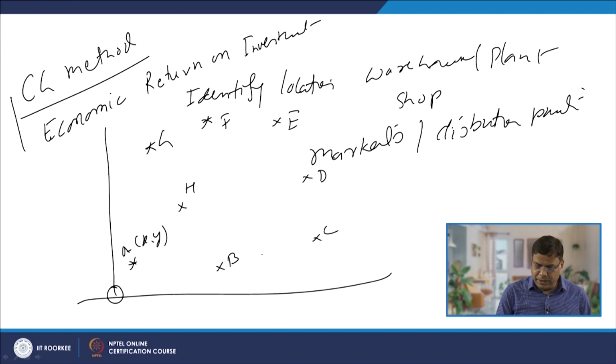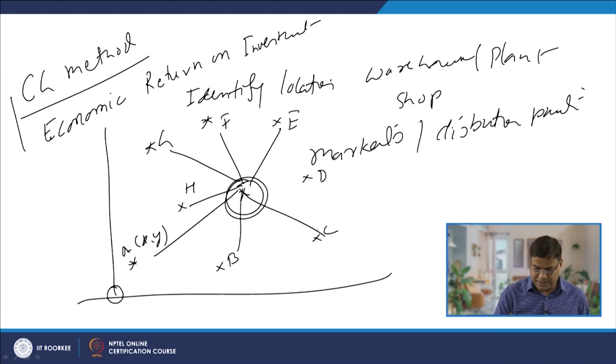So, here basically the distances to be travelled are minimized by locating the plant or shop or the warehouse in such a way that from that particular location, the distances to be travelled to the different sites are minimized. So, in this process, each one will be having their own weight according to the location, that is the distance to be travelled with respect to some reference point.